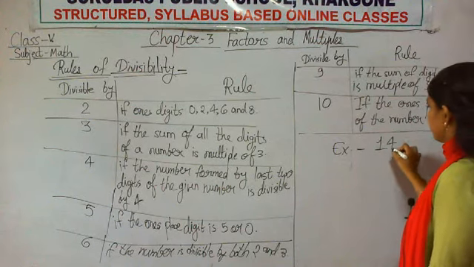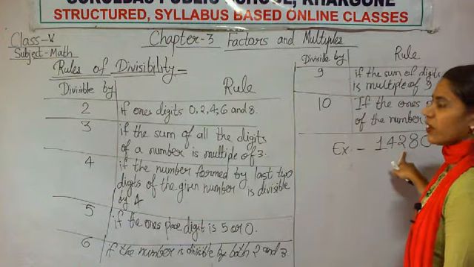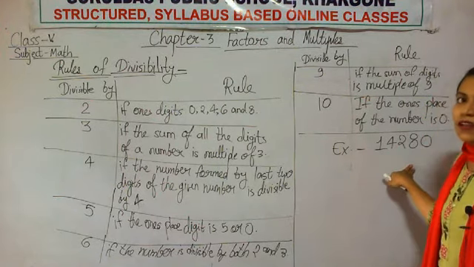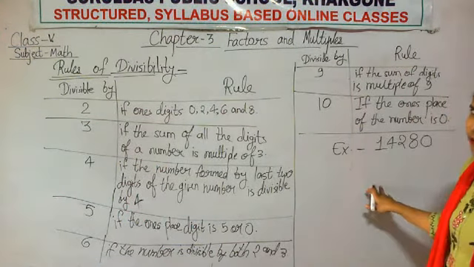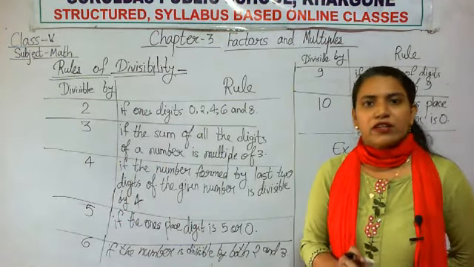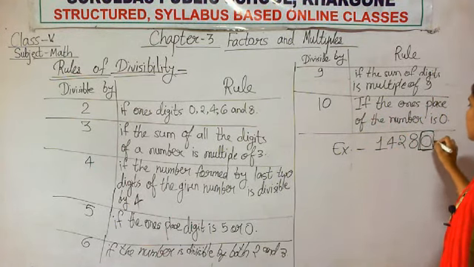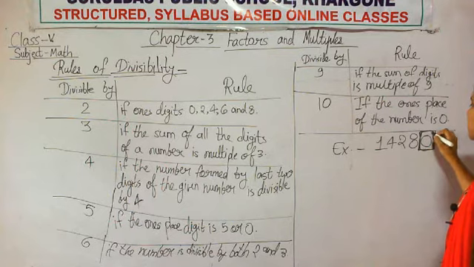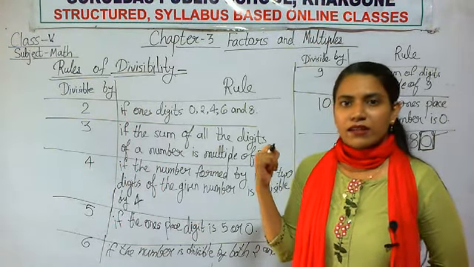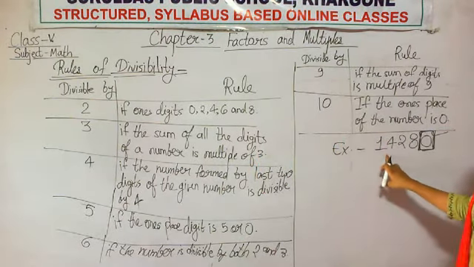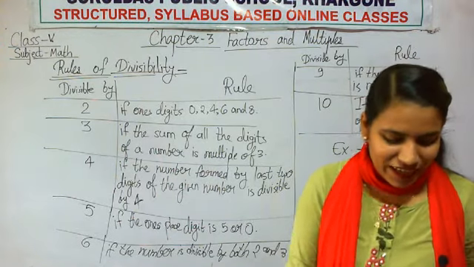Suppose your number is 14,280, and you want to check whether it is divisible by 10 or not. You will check the ones place digit. If the ones place digit is 0, then you can conclude that this number, 14,280, is divisible by 10.